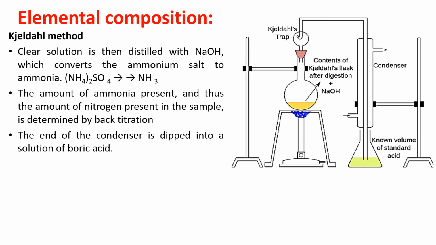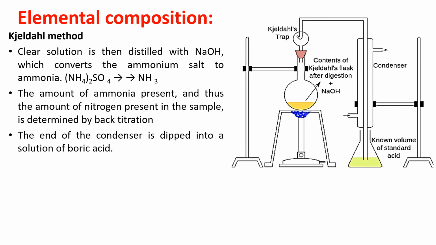At the end of the condenser, you can see the end of the condenser is dipped into a liquid. Now this liquid is boric acid. Why? Because ammonia is volatile, and in a gaseous form it will immediately escape out of the apparatus. So the vapor tube is fitted with a condenser, and cool water is circulated through the condenser here.